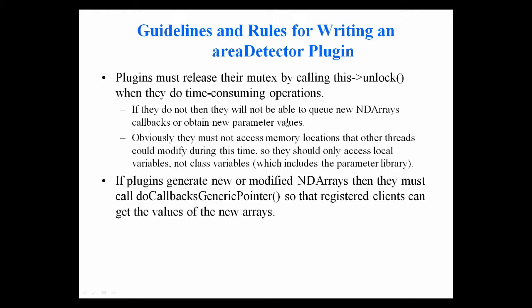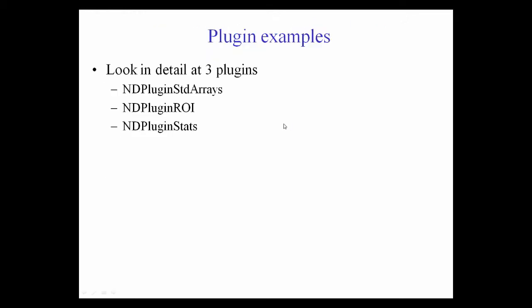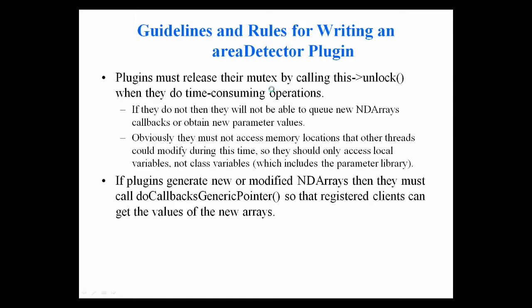And there have been a few instances of plugins written that didn't do that, and then we observed that when they started to get busy, they were slowing down the driver, and that's all been fixed now. But obviously, when they've released the mutex, they must not be accessing memory locations that other threads could modify during that time, or modifying things that other threads could be reading. So they should only access local variables and not class variables, including the parameter library, once they've released the lock.